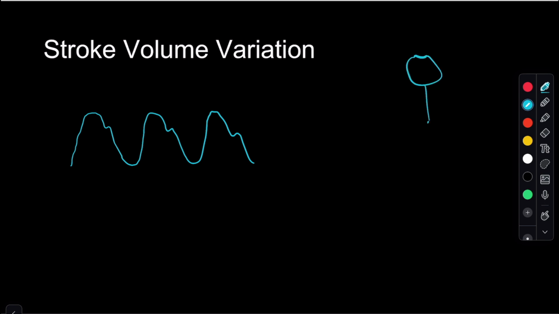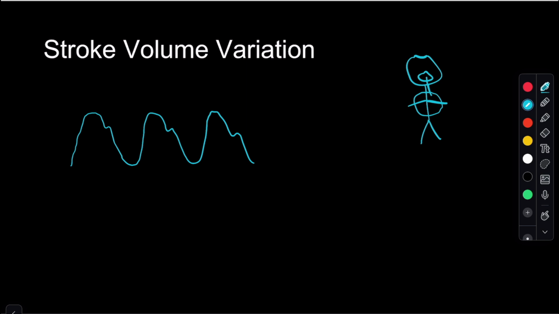The idea is, if you have a waveform of an arterial line that looks something like this, and a patient is receiving positive pressure ventilation, so they have a tube in, and this is inflating their chest cavity.